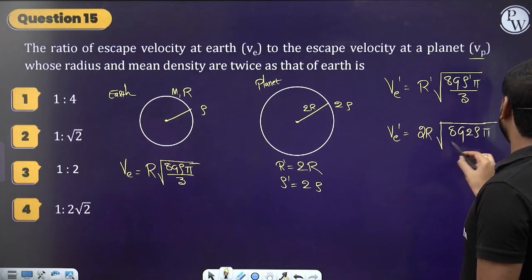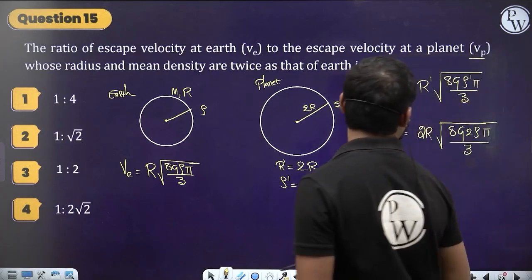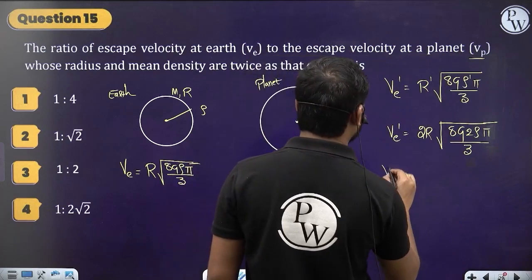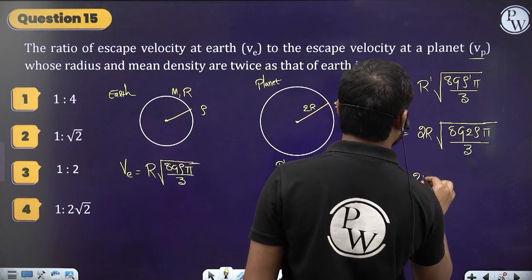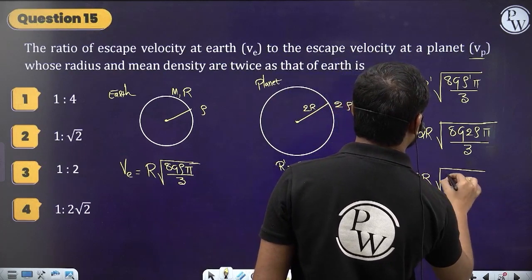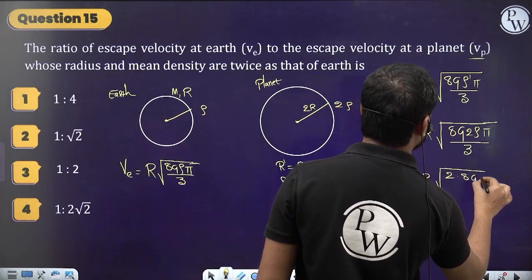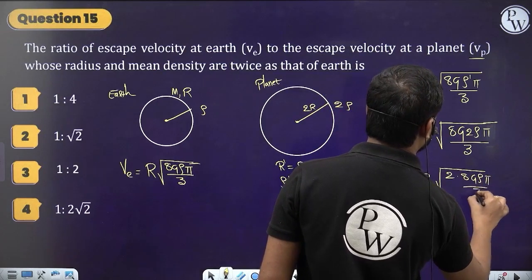So VE dash equals 2r into root over 2 into 8 G rho pi by 3.